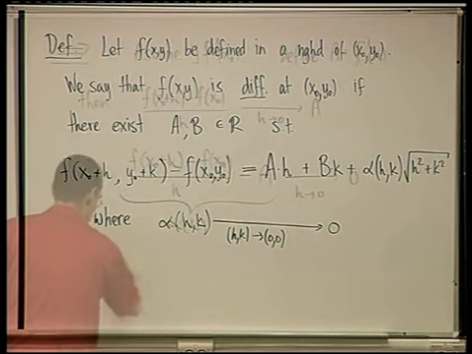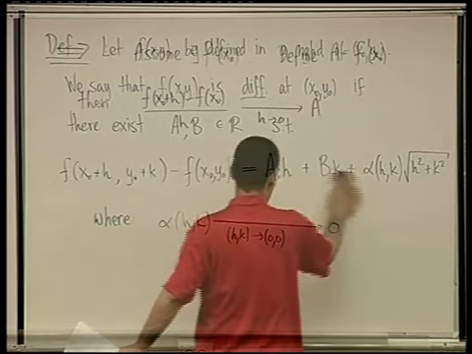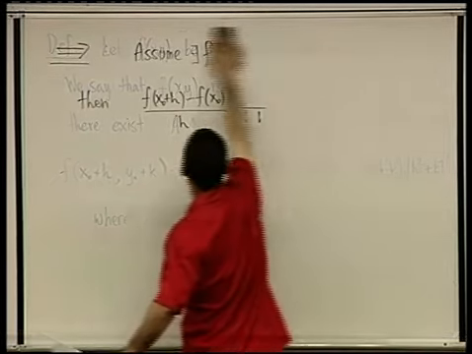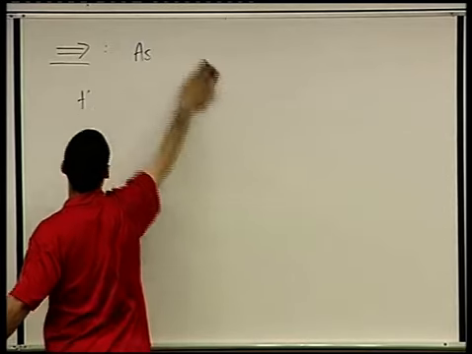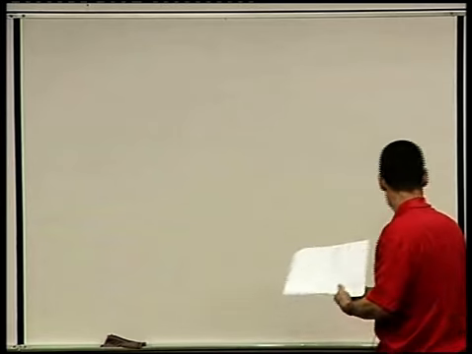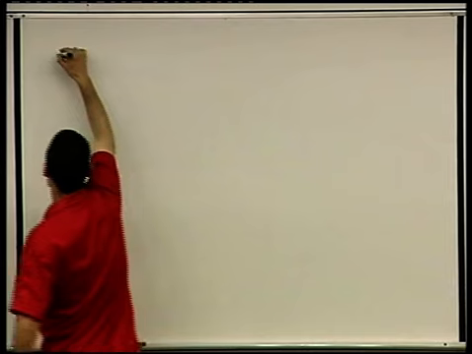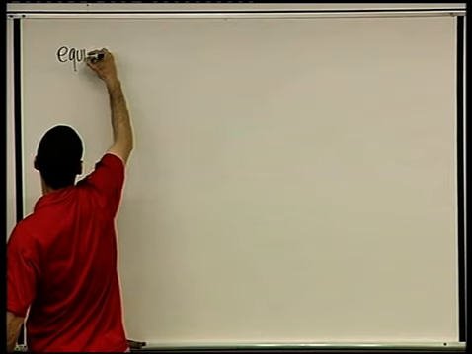It's just different ways of writing. Just like for single variable, instead of writing the limit as h goes to 0, sometimes we wrote the limit as x goes to x0. Remember that? So let me write a few of them.